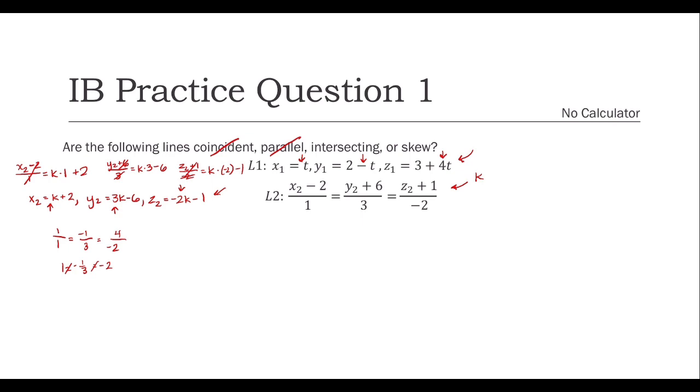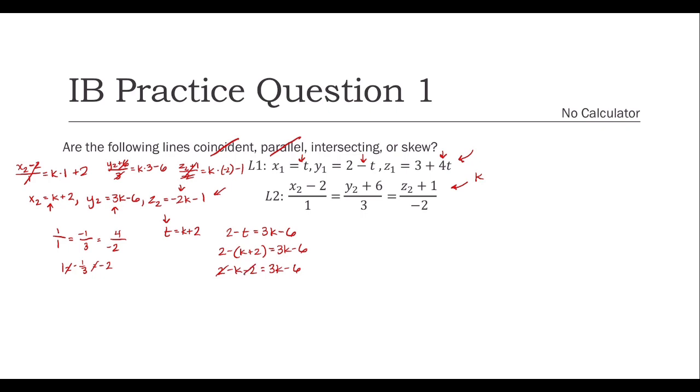So we'll start by setting our x1s equal to each other. So we get t equals k plus 2. This is already solved for t, so we can move to our second step, which is setting our y's equal to each other. We have 2 minus t equals 3k minus 6. We'll plug in our t, so we have 2 minus k plus 2 equals 3k minus 6. 2 minus k minus 2 equals 3k minus 6. 2 minus 2 is 0.